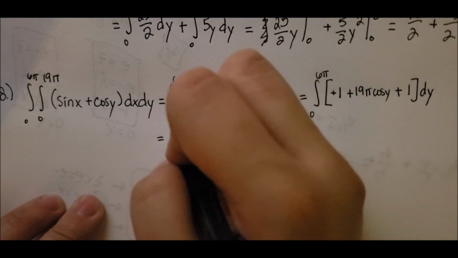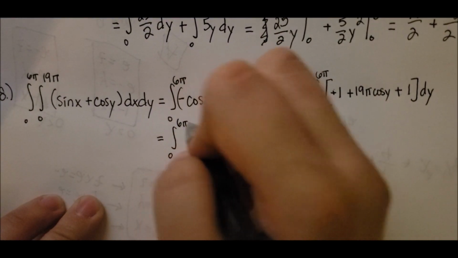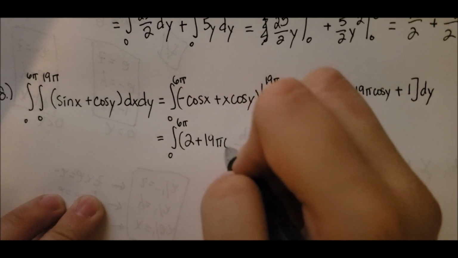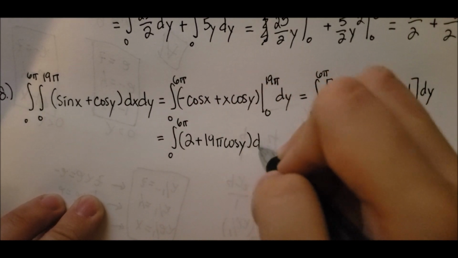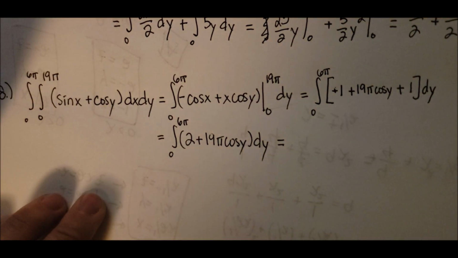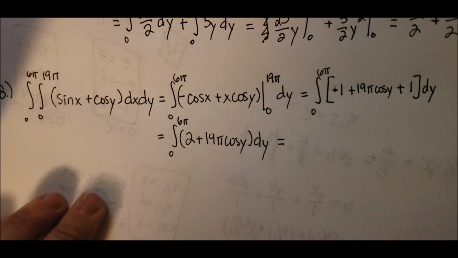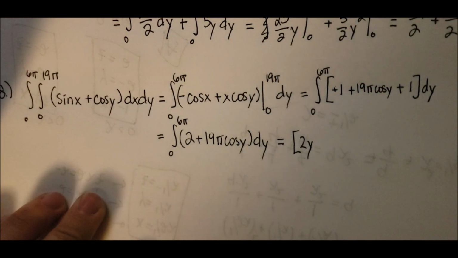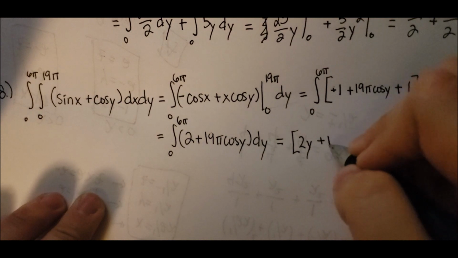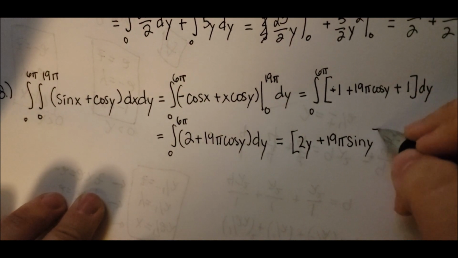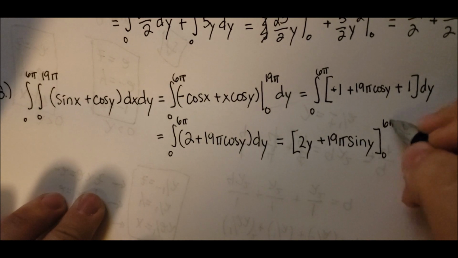So I have the integral from 0 to 6 pi of 2 plus 19 pi cosine of y. So I'm going to have 2y plus 19 pi sine y from 0 to 6 pi.